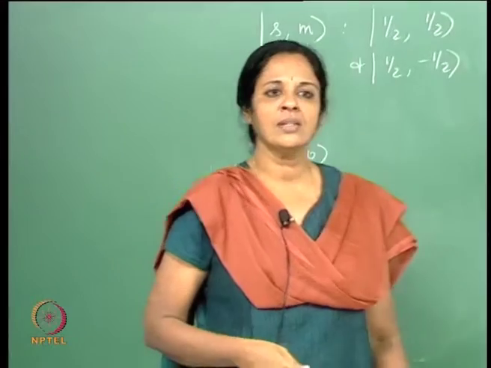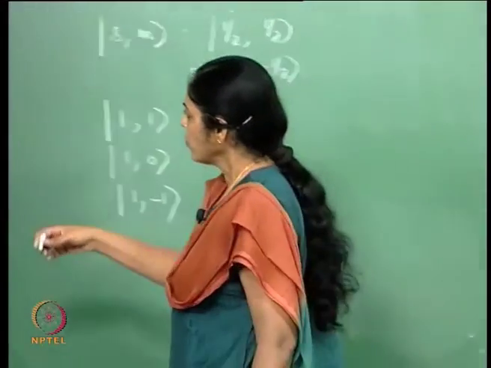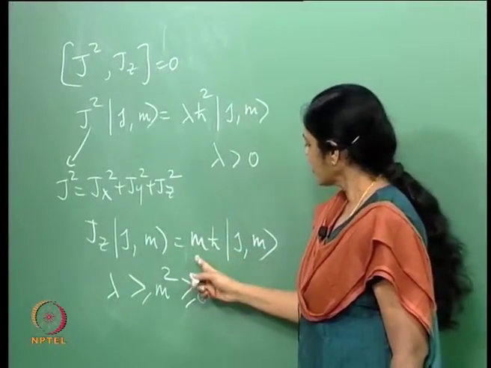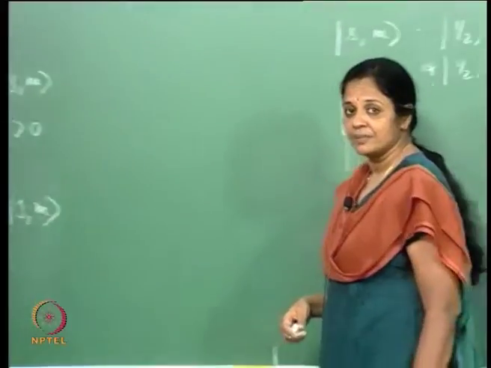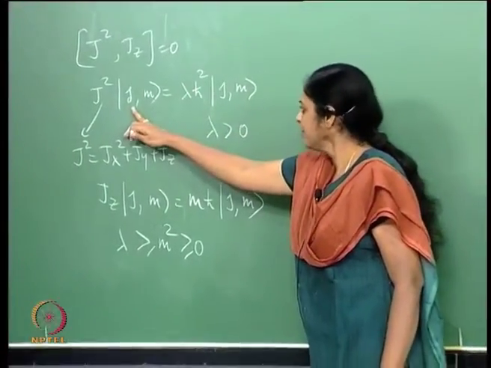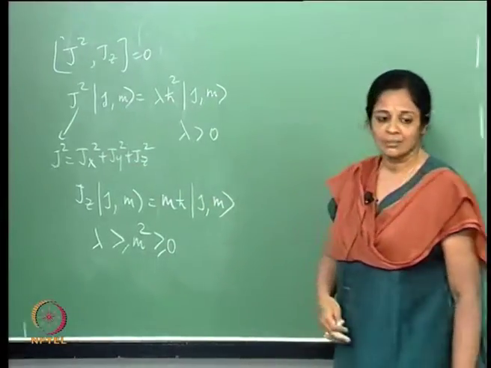We would like to see if in general this can be established. In other words, we want to find the set of values that lambda can take and the set of values that m can take. It's clear that lambda is simply a function of j. m has to be determined in terms of lambda.